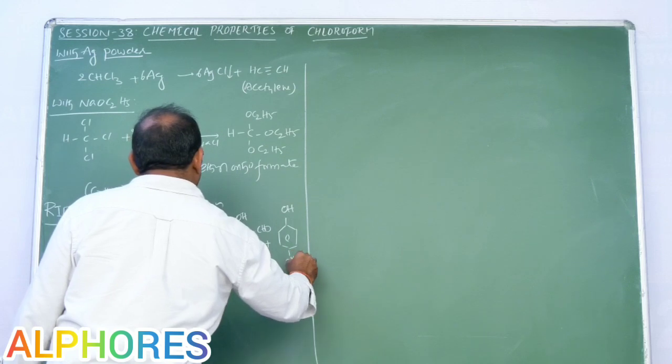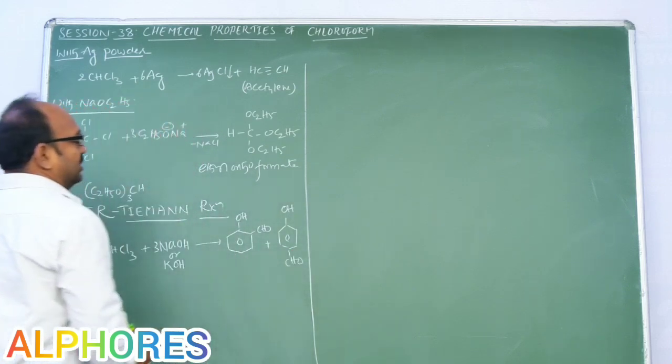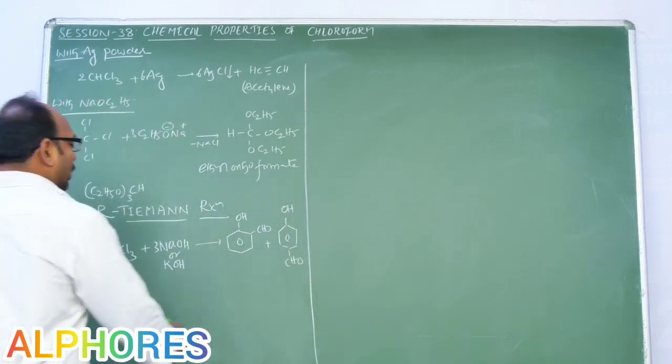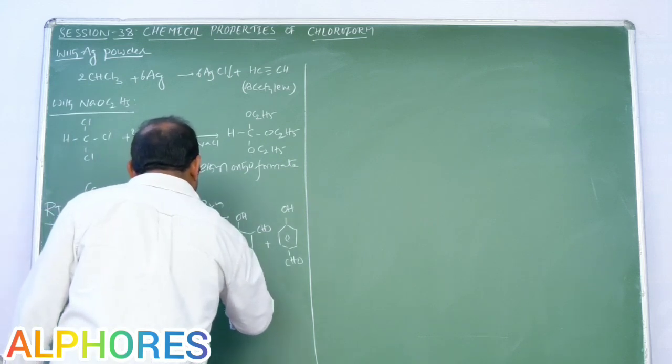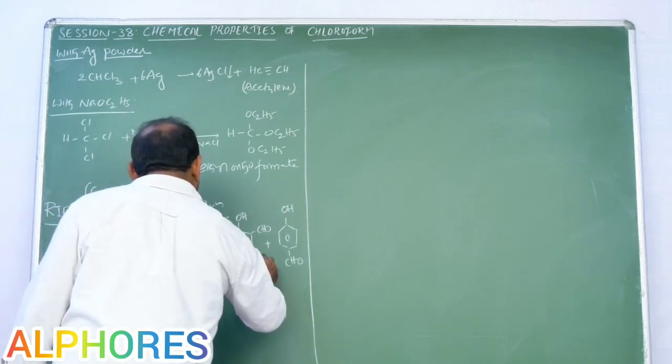Along with that, a small amount of para-hydroxybenzaldehyde. This ortho-hydroxybenzaldehyde is called salicylaldehyde.